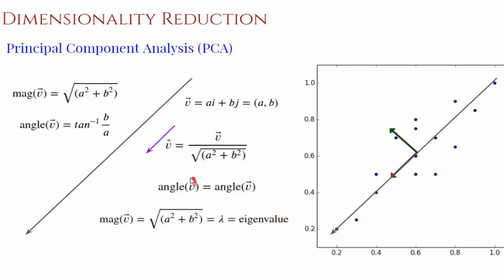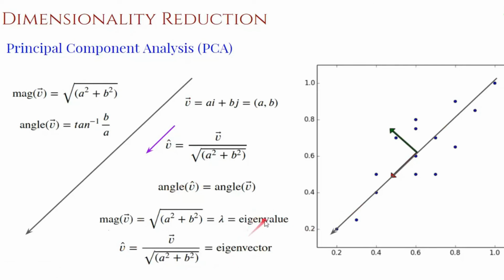And this angle that we have is preserved in this unit vector, right? So this unit vector encodes the angle of the original vector as well. That unit vector that we deal with here is called the eigenvector. So these two terminologies are important: eigenvector and eigenvalue.